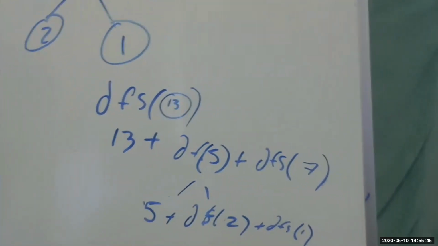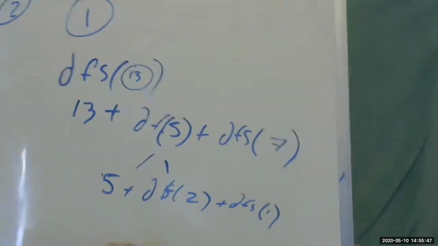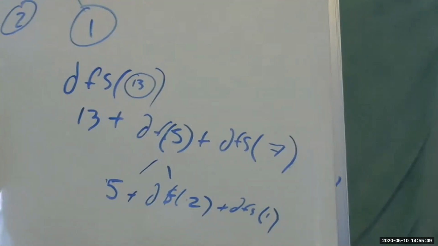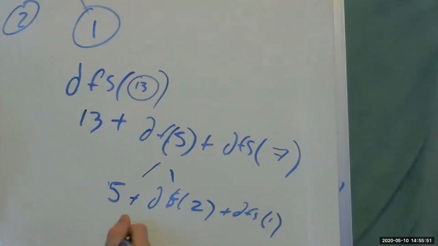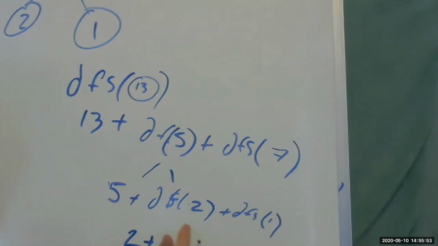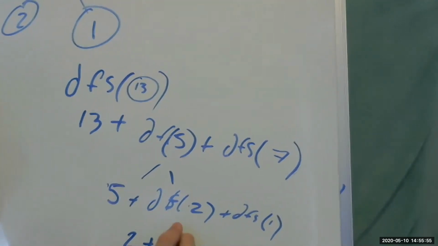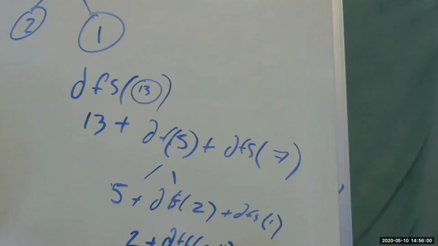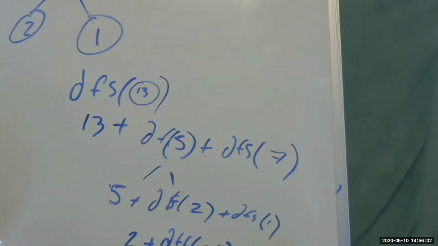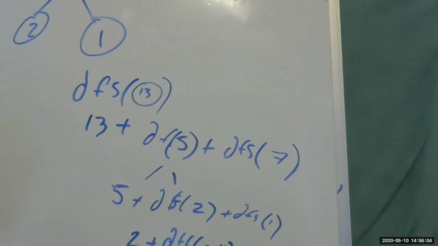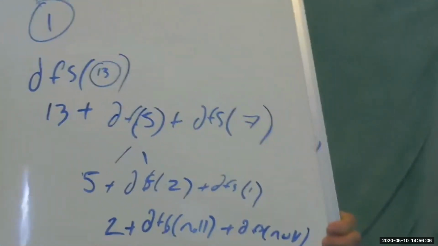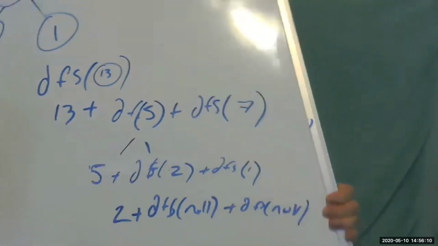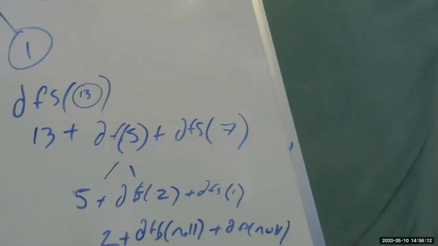So now we're calling DFS on 2, because that hasn't settled yet. That becomes 2 plus whatever it gets on its left side, DFS on null, plus DFS on null, that's its right side. These actually have an evaluation because they hit the base case.